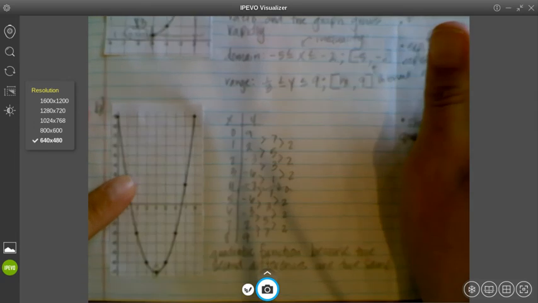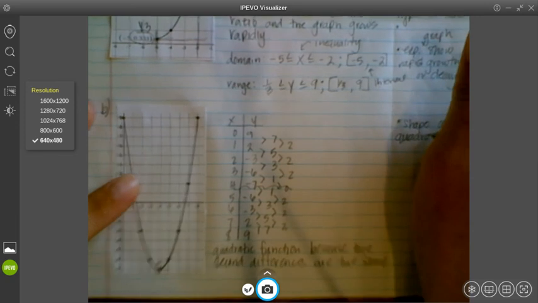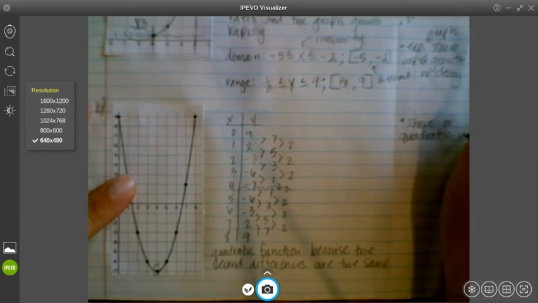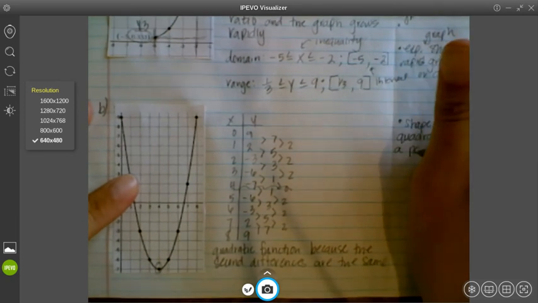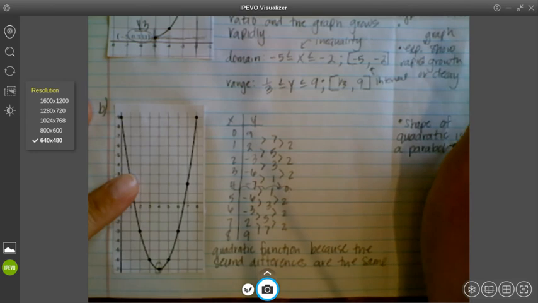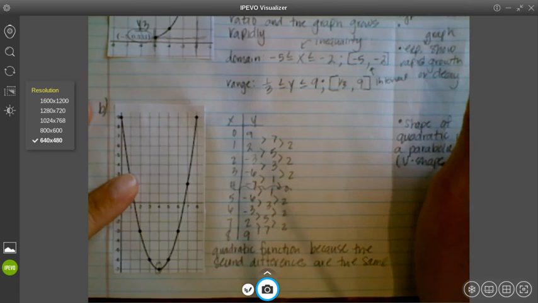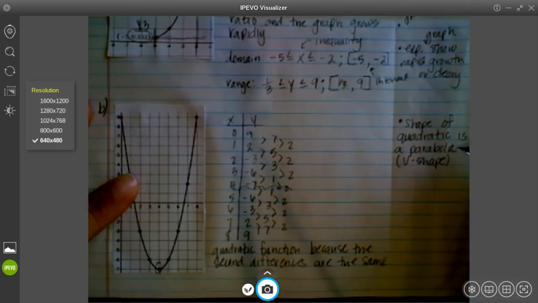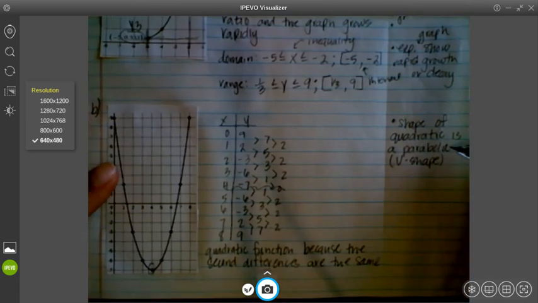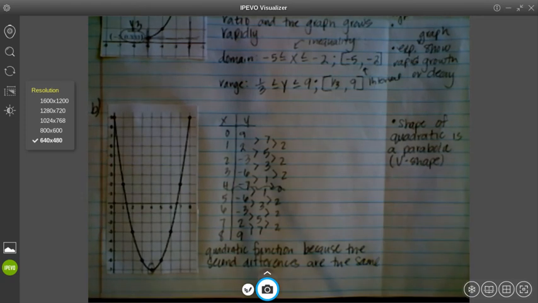Shape of quadratic is a parabola. And then I'm just going to write in parentheses, it's a U shape. But I want you guys making sure that you're using this proper term because parabola is a word that we will continue to use over the semester. So again, it's that U shape.